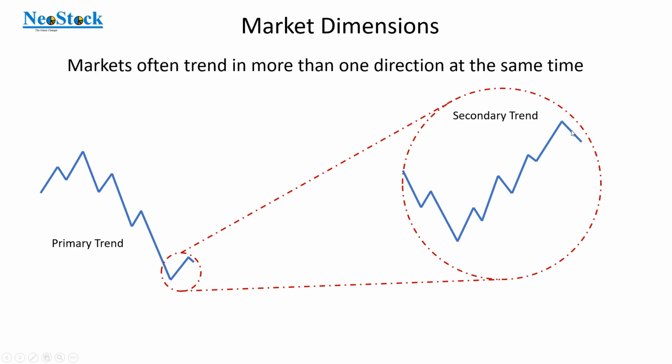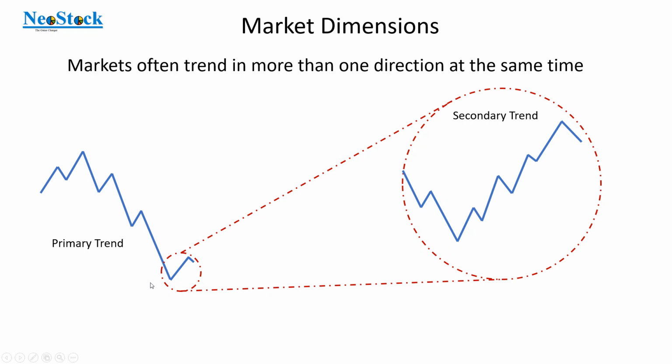Now a person might have zoomed into a small portion, and in that small portion the stock might look like a sideways trend. Whatever he zoomed in on is going to be a secondary trend. And this zoomed area that I am seeing could be a primary trend for me, but for the other person that is a secondary trend. That's why primary and secondary will be changing based on the way we are looking at the charts.